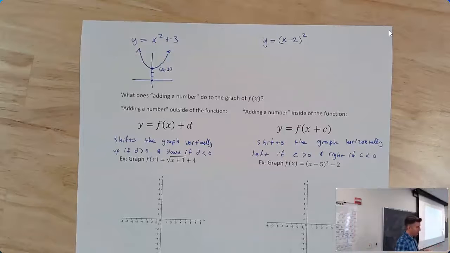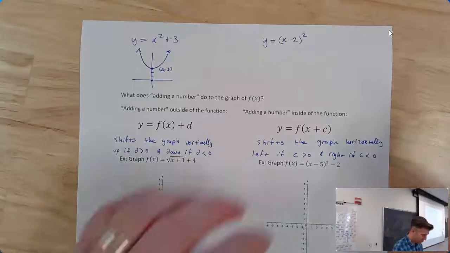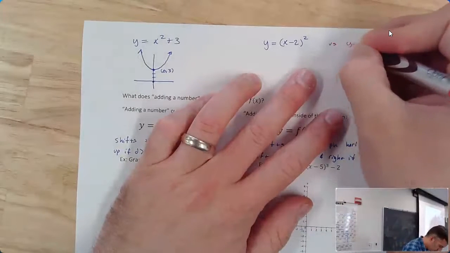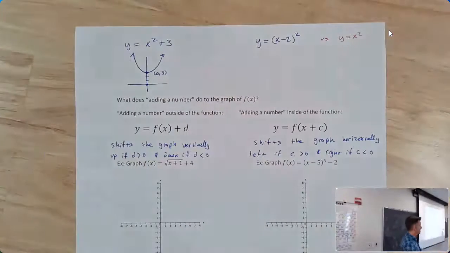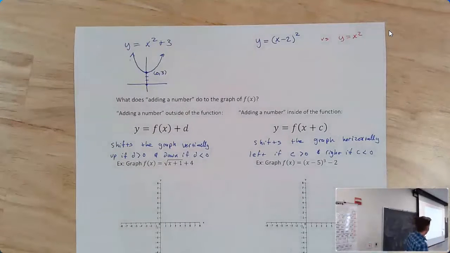Compared to y equals x squared, where x needs to be 0 for y to be 0, for y equals x minus 2 squared, x has to be 2 for y to be 0, because 2 minus 2 is 0, and 0 squared is 0. So x has to be 2 larger than it would have been to get the same y values back. That's why we have to shift 2 to the right.